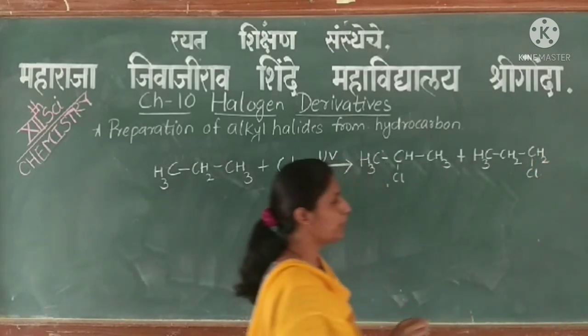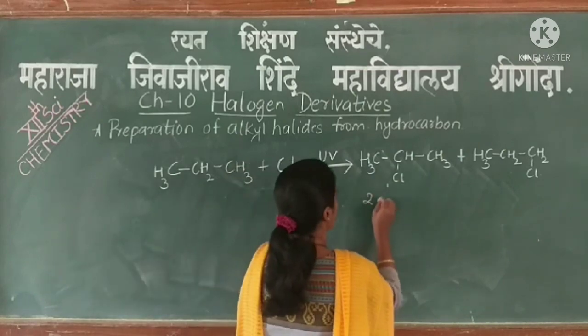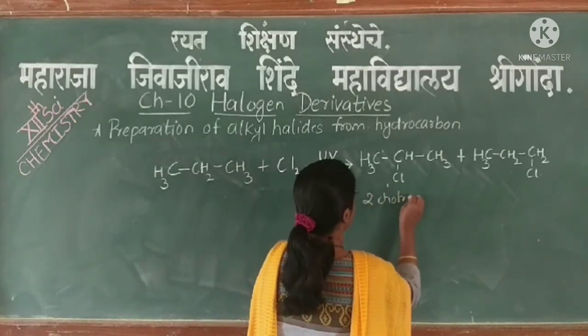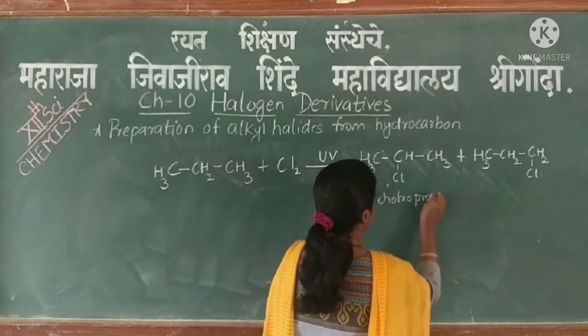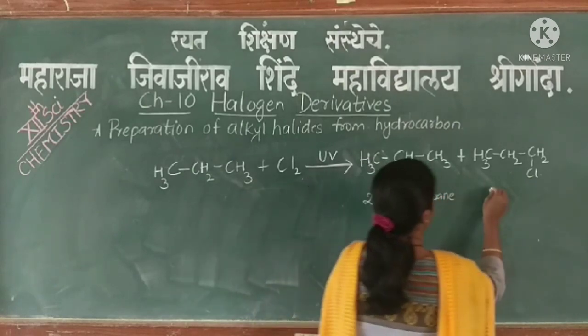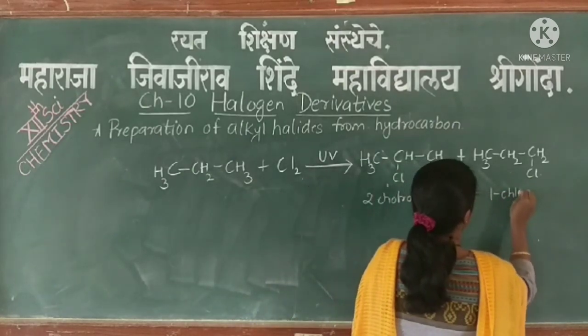You get two products, that is 2-chloropropane and 1-chloropropane.